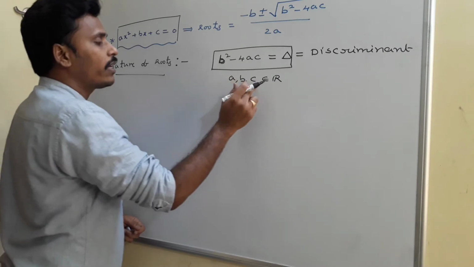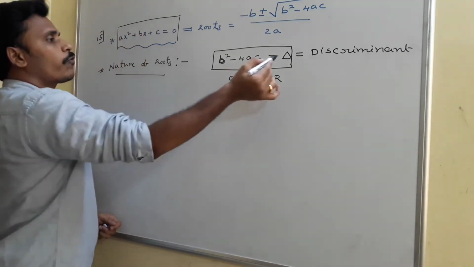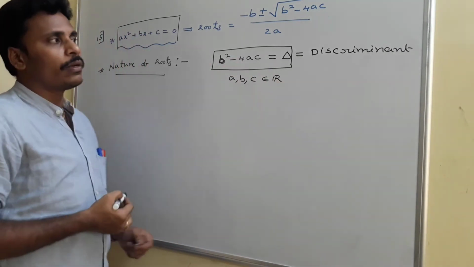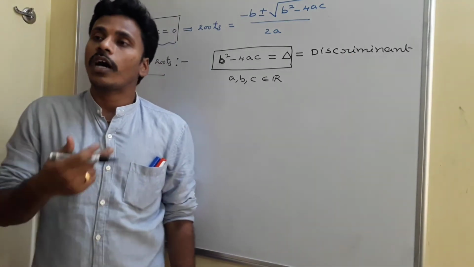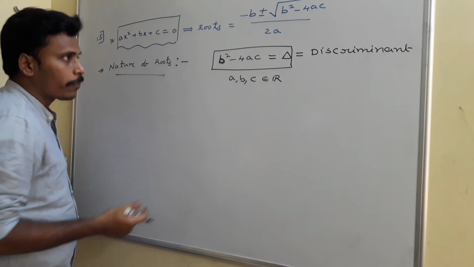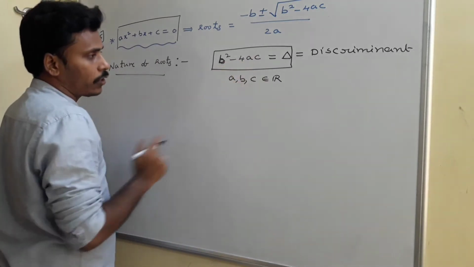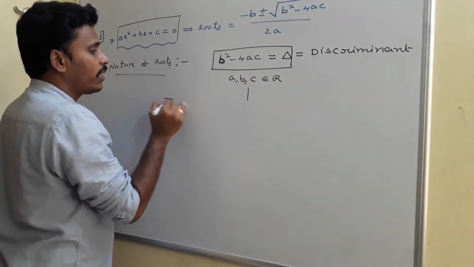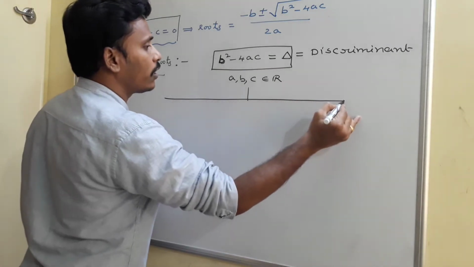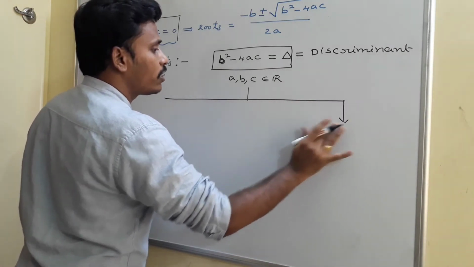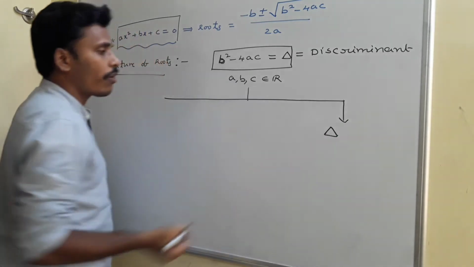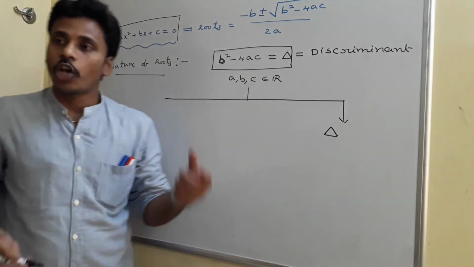After identifying that a, b, c are real numbers, you just find the delta value. Delta value means discriminant value. Why are we finding the delta? Because we are going to decide the nature of the roots. So find the delta value b square minus 4ac. There you may face different situations. A, b, c are real, and b square minus 4ac is also a number.